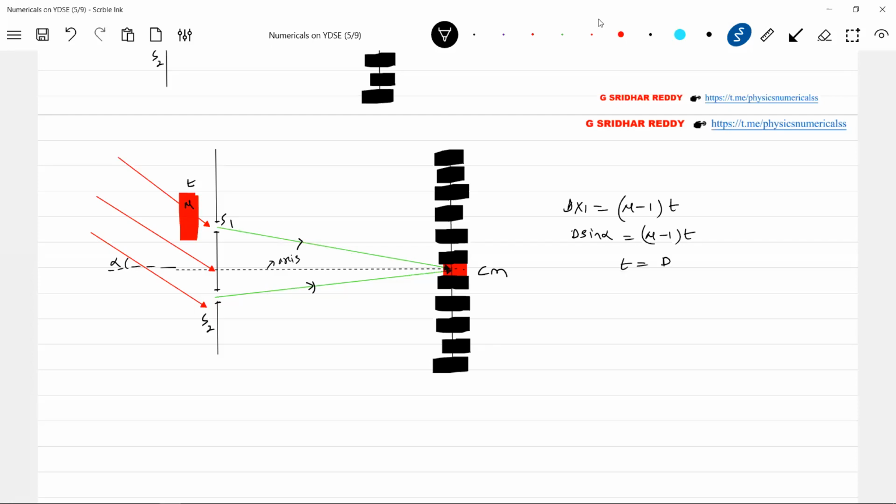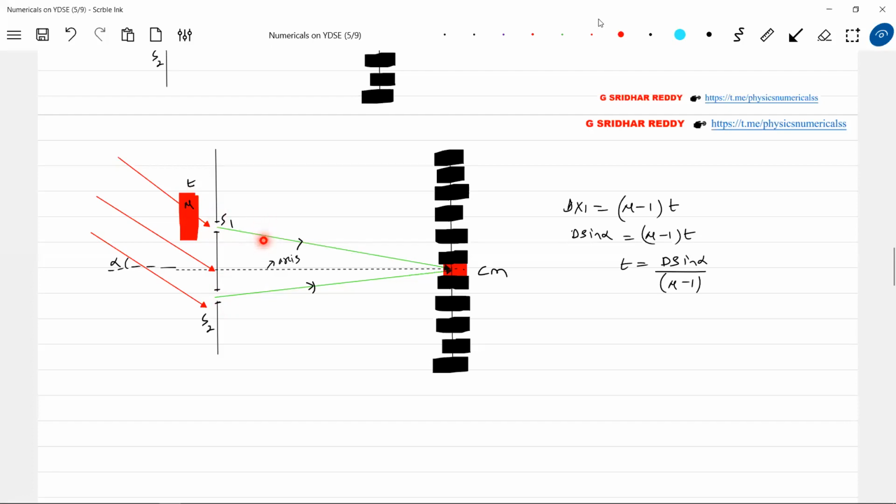Usually it's a practice of pasting the slab. Can anybody make a guess of the thickness of the slab? Micrometer. So it is like a thin sheet of paper, a glass sheet that I'll just paste here.